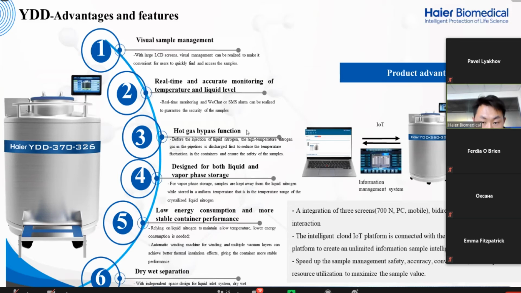Here you can see the product advantage. This part is through the IoT functions, mainly through the LCD screen and also the IoT model there, so it can link to the IoT platform with the BMS system.